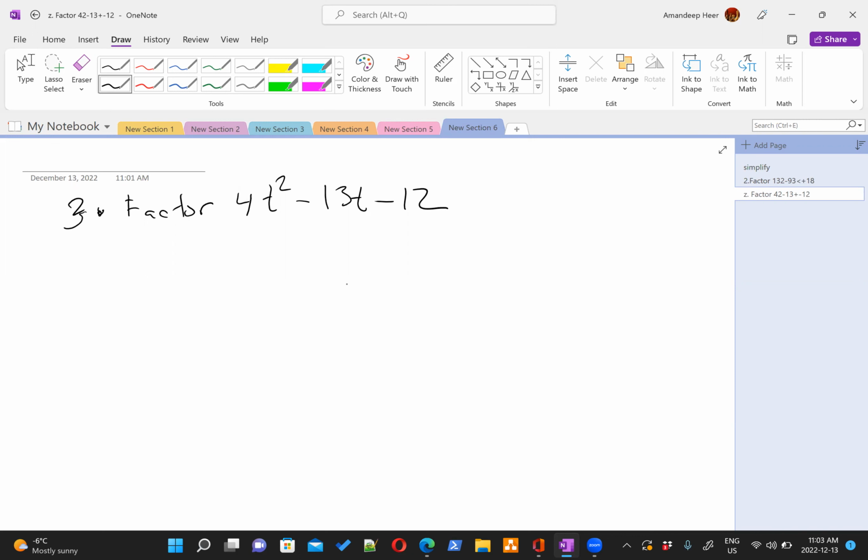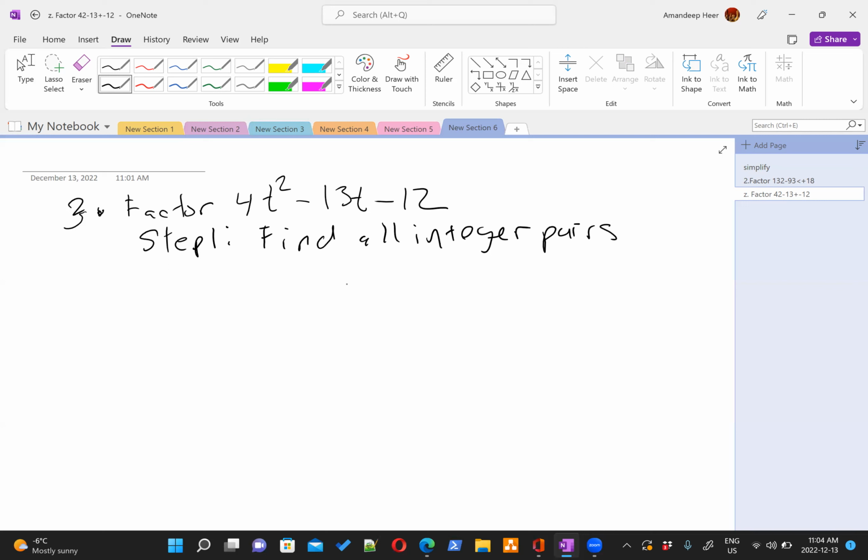Okay, so how are you going to do it? Step 1 is we need to find all those pairs, right? We want to find all integer pairs, similar to the first step in the other example. But the difference is this: it's not all the integer pairs that multiply together to give you -12. That's where a lot of students mess this example up.